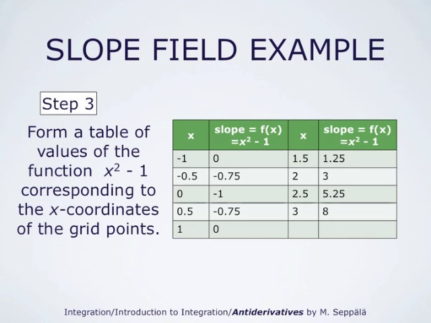The x-coordinates of the grid points were -1, -0.5, 0, 0.5, 1, 1.5, 2, 2.5, and 3. And the values of the function at these points have been computed, and the values are in this table.